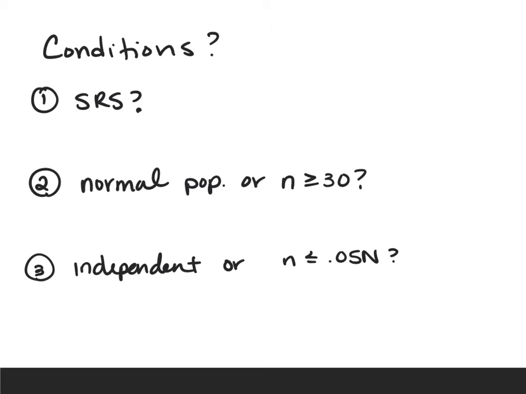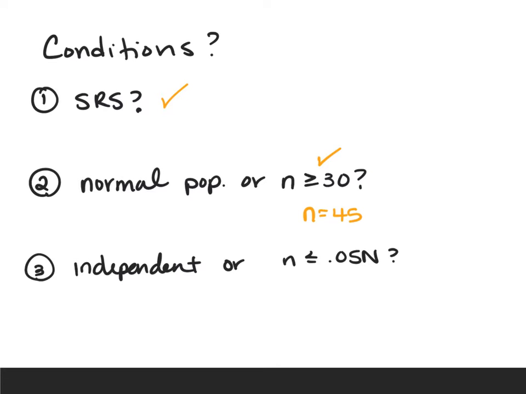First, let's make sure all of our conditions are met. We were told that there was a random selection of 45 males, so we're good to go on that first condition. We don't necessarily know if resting metabolic rate is normally distributed. However, our n is 45, so we've met the condition that n is greater than or equal to 30.